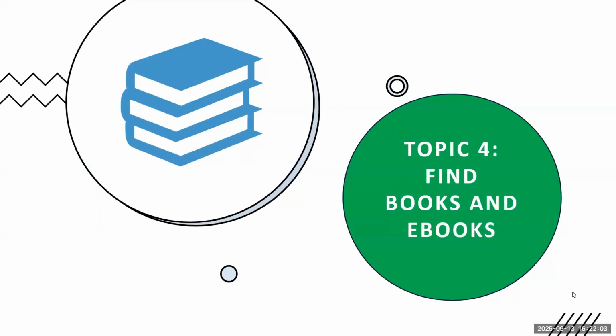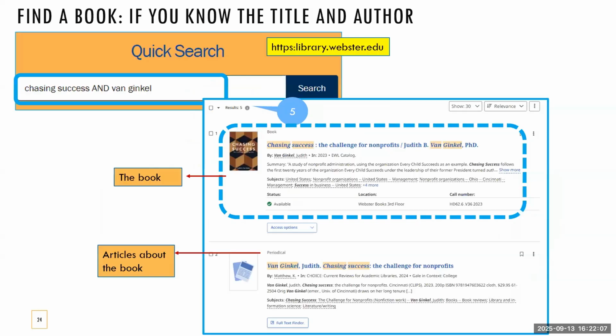Now, let's turn our attention to searching for books and ebooks. The quick search box on the library homepage searches the library catalog and our article databases. It can help you to find out if the library owns a specific book and sometimes what other authors have written about it.